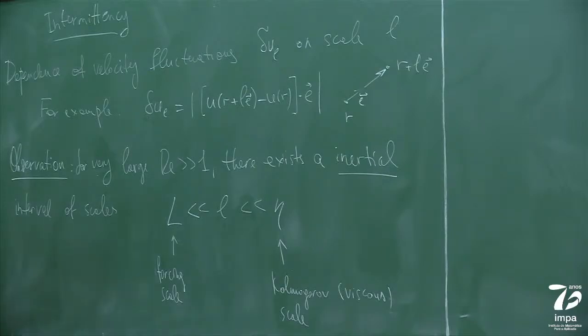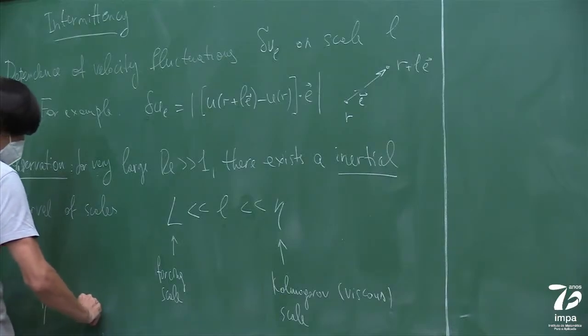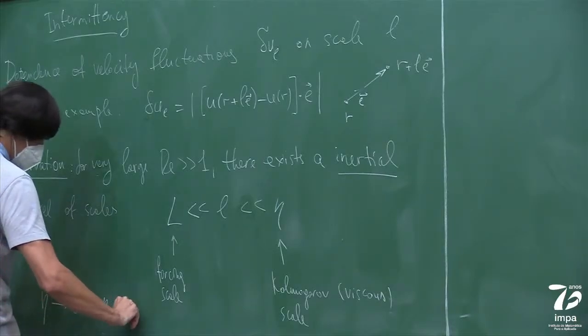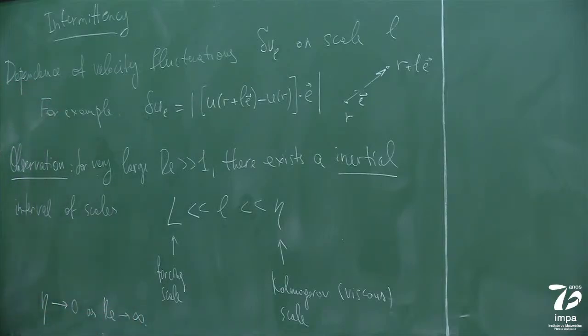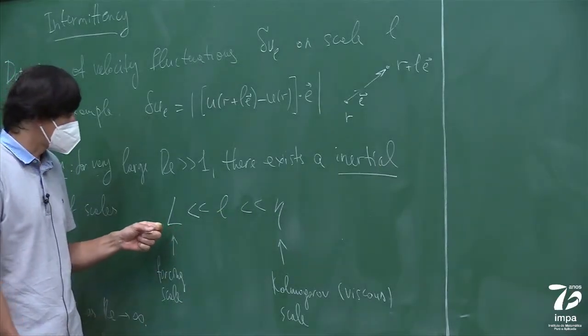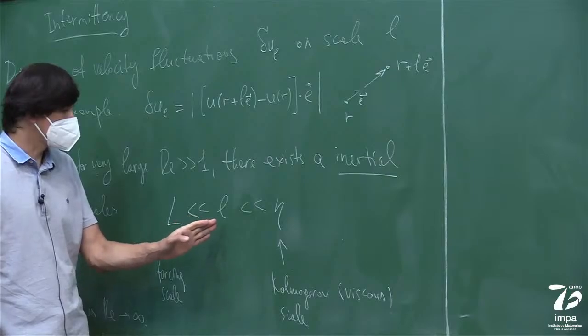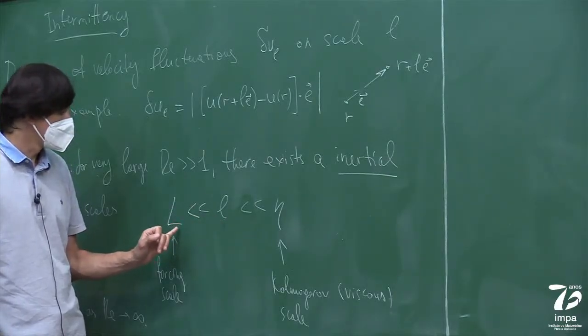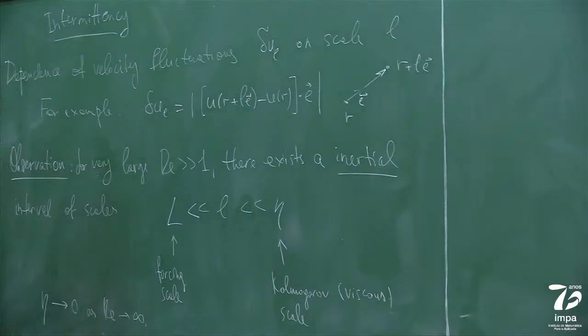Okay, so this is an assumption, and usually it's assumed that this viscous scale goes to 0 as Reynolds number goes to infinity. So essentially, in the limit of developed turbulence, this interval becomes very large. It corresponds to all scales which are smaller than the scale of the whole problem, up to very, very small scales.